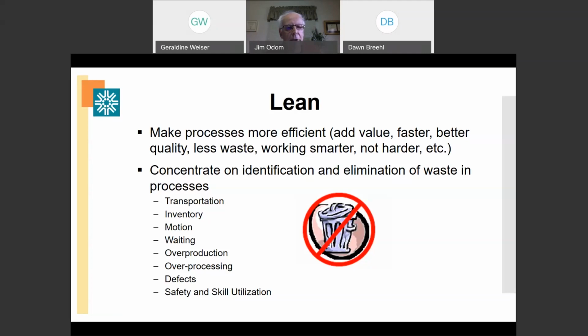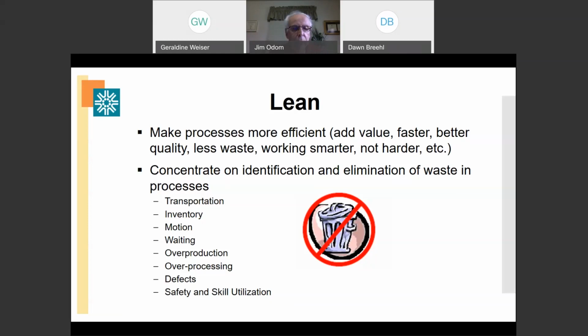It really helps you think about how we can make this process work better with less waste and be more value added for our customer. One of the things we really concentrate on the Lean side is what's called TIM WOODS, the 8 different forms of waste that we have.